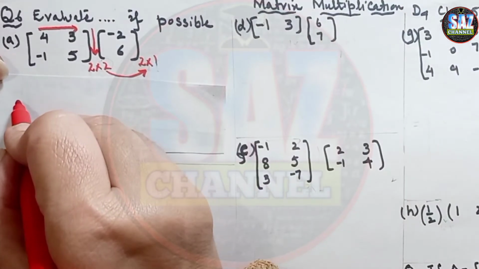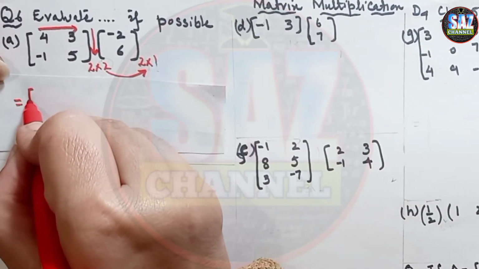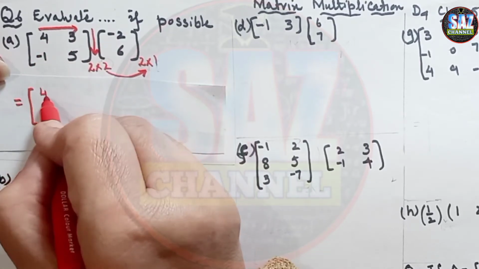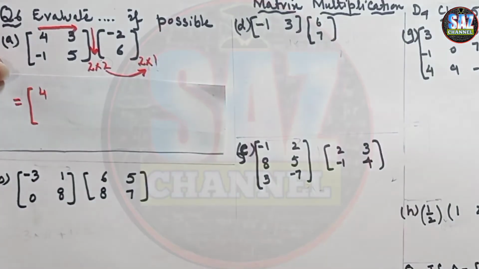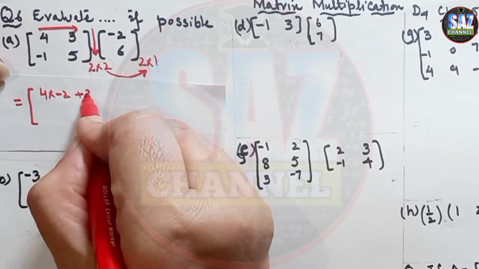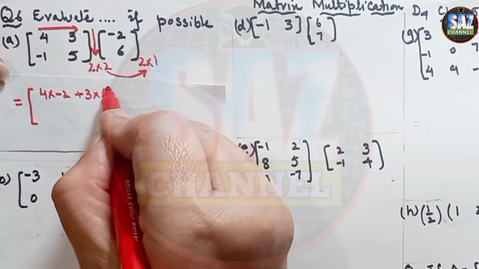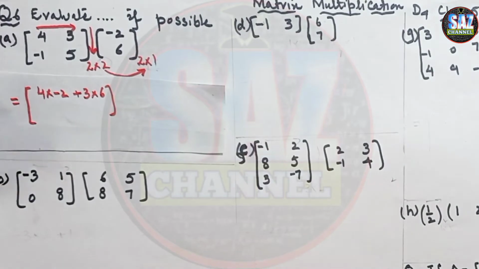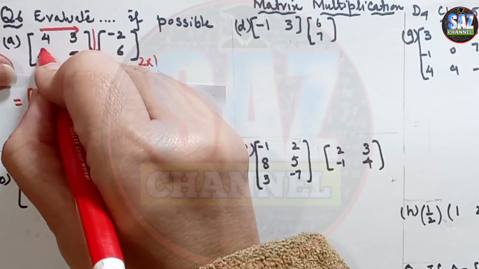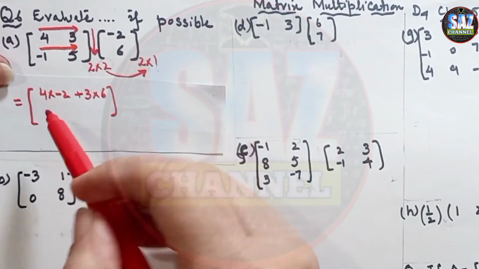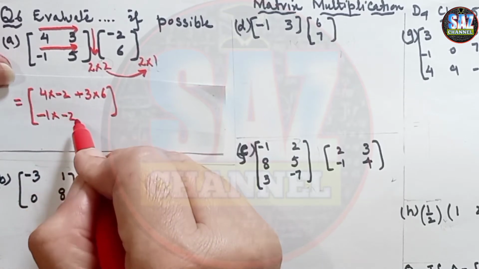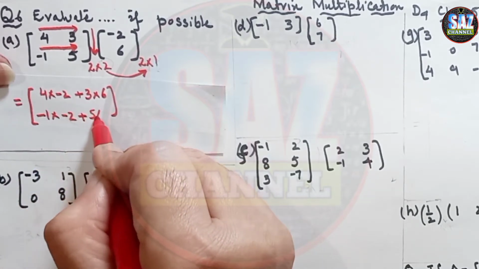I will take the first element, that is 4, multiplied by minus 2, 4 multiplied by minus 2, and then plus 3 multiplied by 6. Now the first row with this column is done, and I have to repeat the process with the second row of the first matrix. I have to pick up minus 1 multiplied by minus 2 and then plus 5 multiplied by 6.